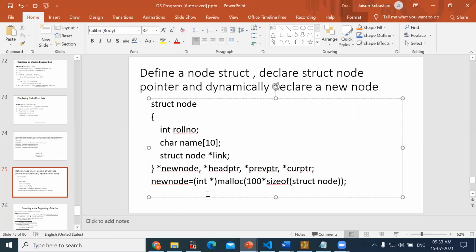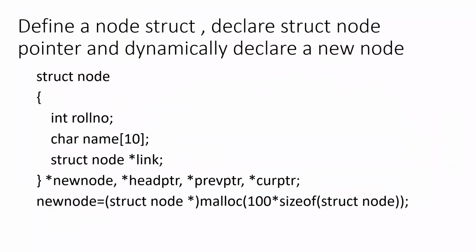Now, as we need the address of a struct node, we will be typecasting the pointer which is returned by malloc as a struct node pointer, right?